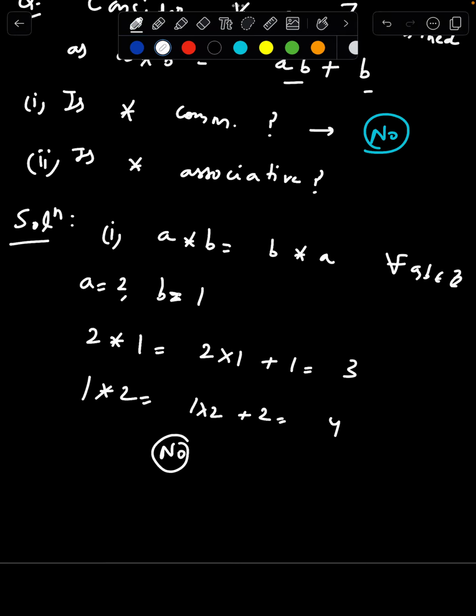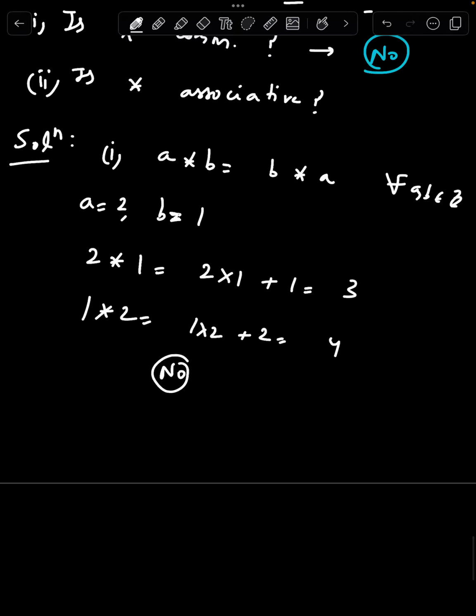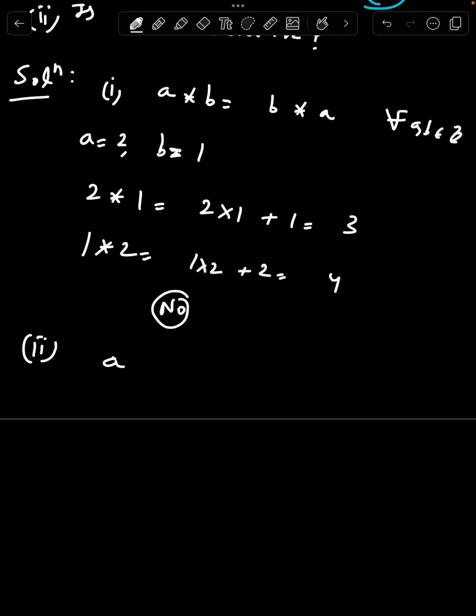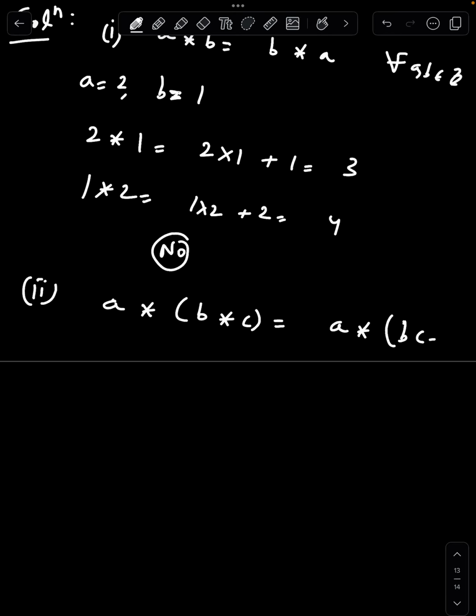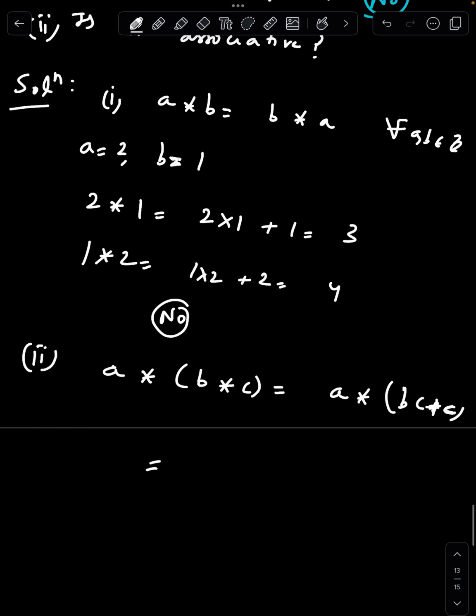How about associativity? Let's see. So let's calculate A star (B star C). What do we get? We get A star, and what is B star C? BC plus C. So A star (BC plus C). And how do we open this?